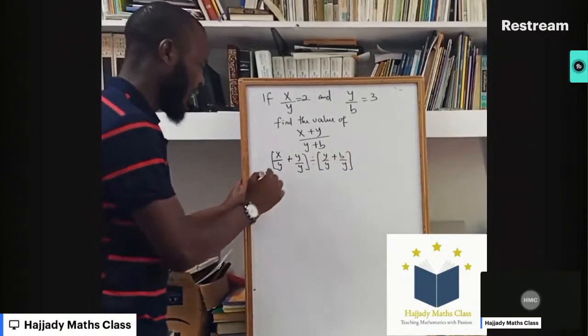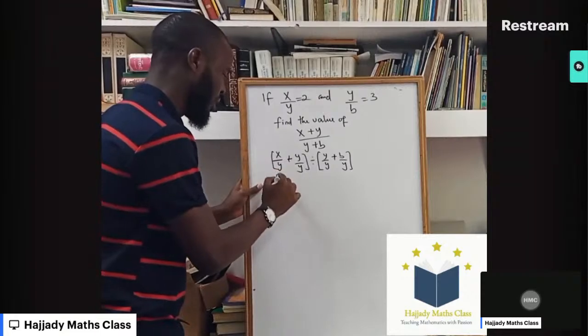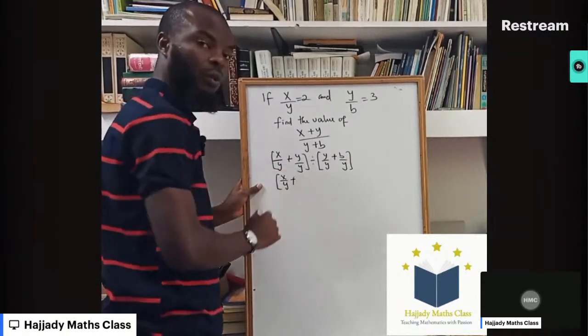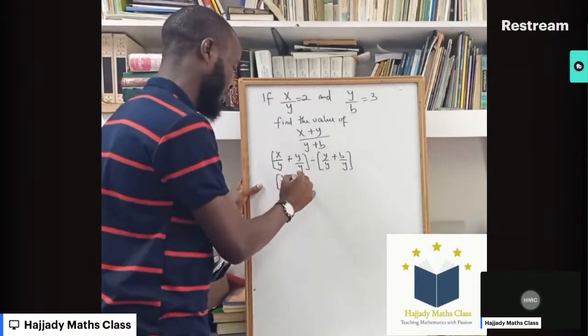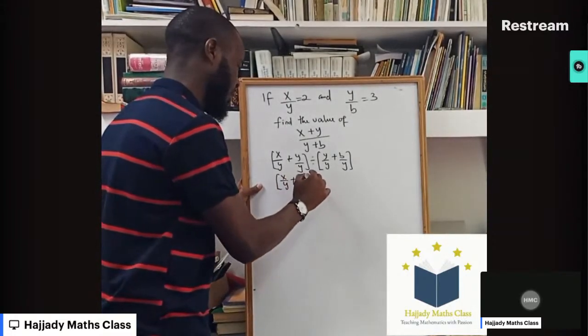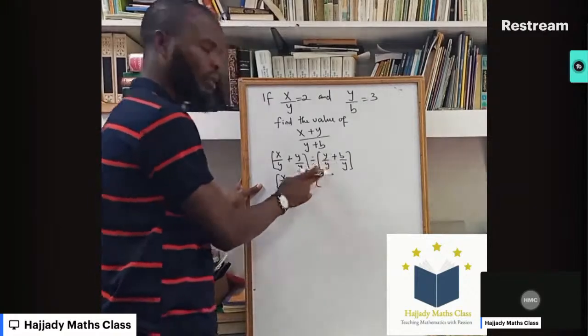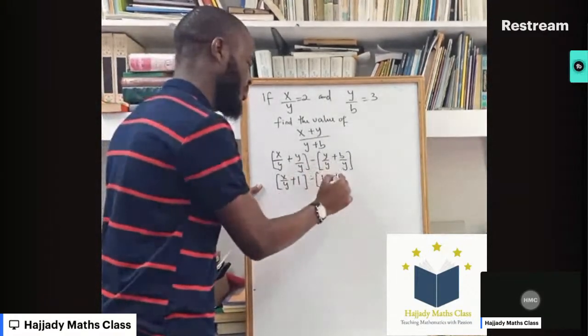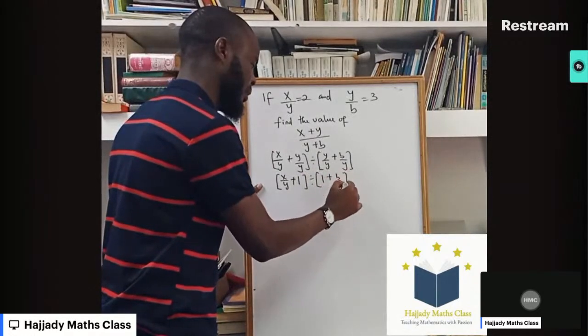Let me just put it like this to make our work look easier. So with this, x over y plus y over y gives 1, divided by y over y here gives 1 plus b over y.